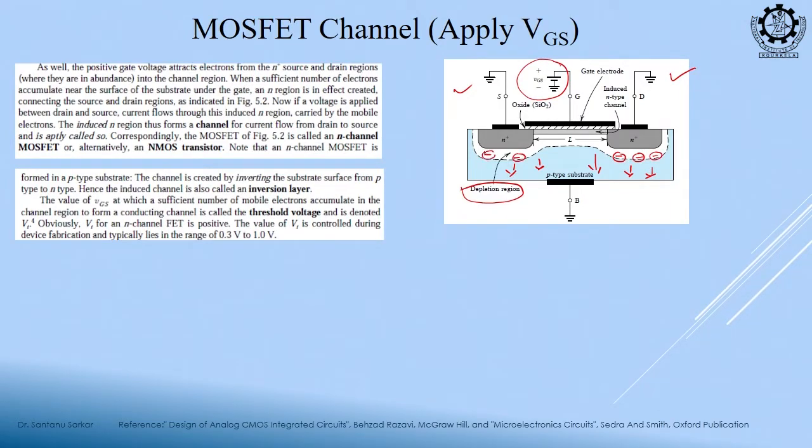So, this region formed is the depletion region. Next, suppose you are increasing this voltage further. This positive potential will attract electrons and make an inverted layer. Then if you apply a positive drain potential, current will flow. Clear? So, the first step is the forming of the depletion layer.